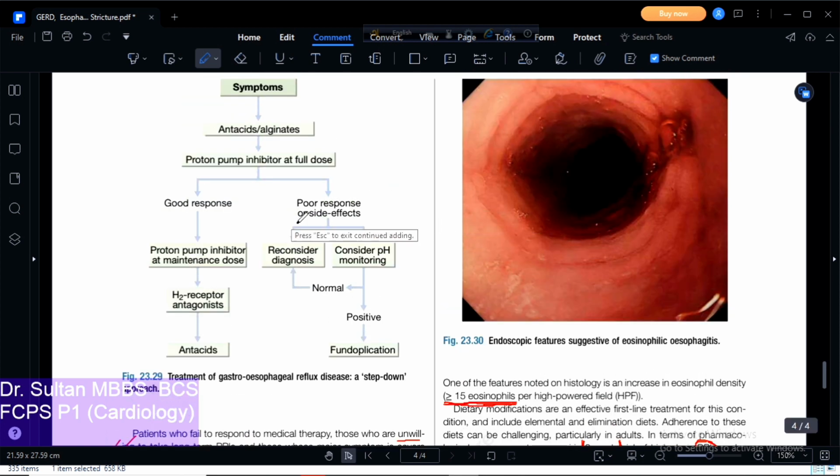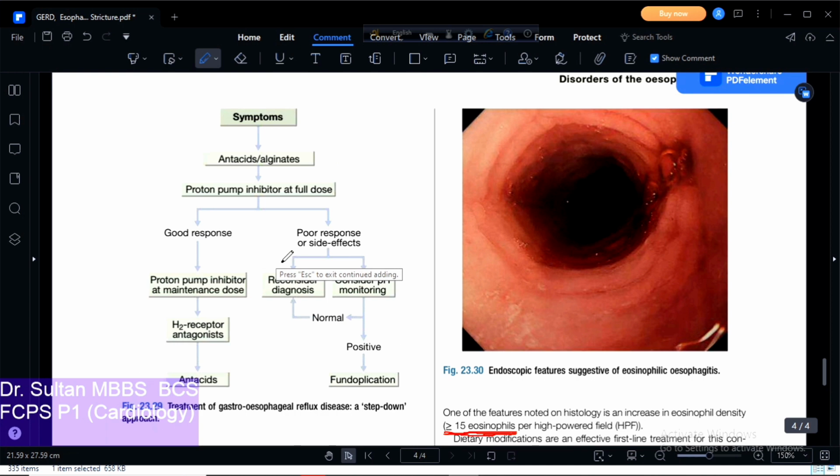Here you can see the medical management: if they have symptoms, they can use antacid or alginates, then a proton pump inhibitor at full dose.